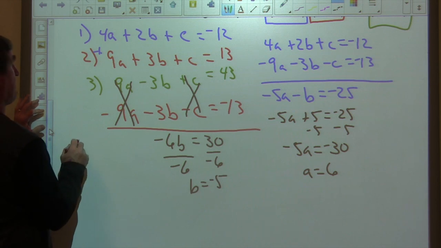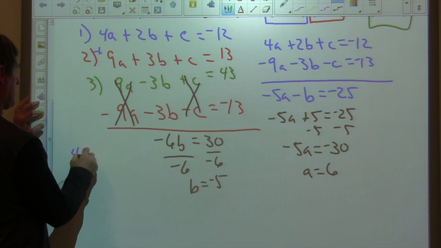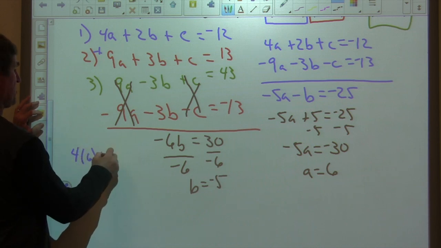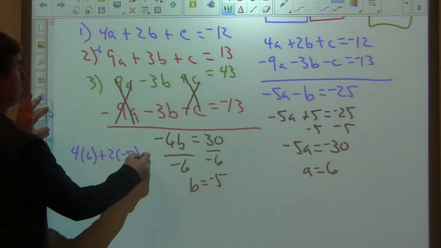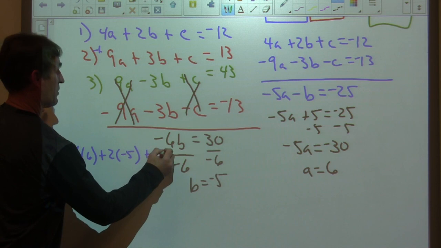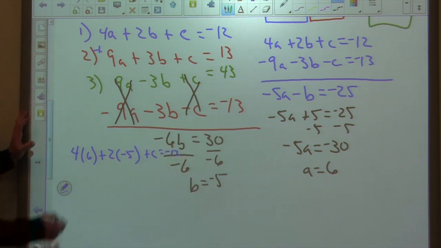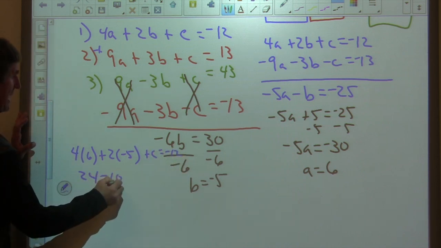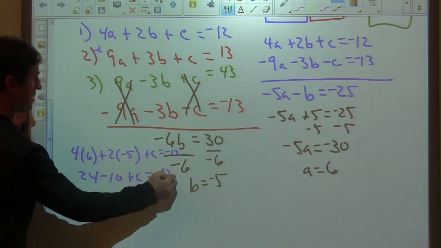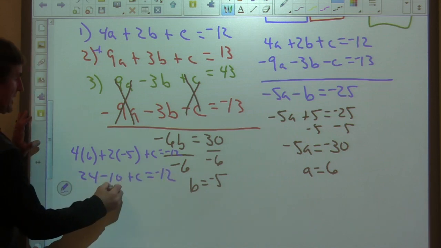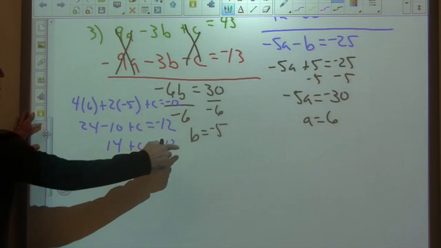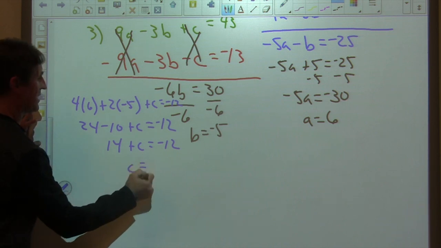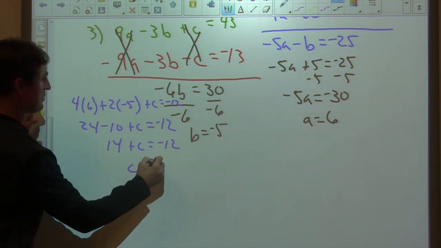And I'm going to get 4 times 6 plus 2 times the negative 5 plus c equals negative 12. So we get 24 minus 10 plus c equals negative 12. 24 minus 10 is 14. And subtract 14. And so I get c equals negative 26.